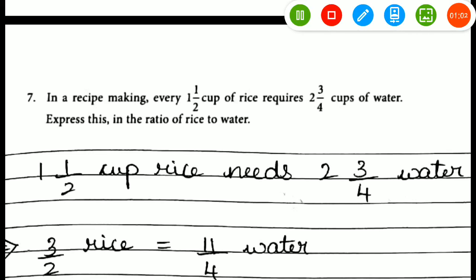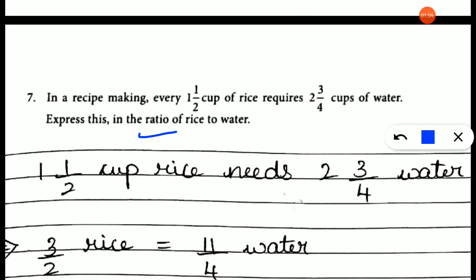Also we know that a ratio means how will we express? There should be a number, a ratio symbol, and another number. Okay, on this side it is going to be rice and on the other side it is going to be water, because that is the question.